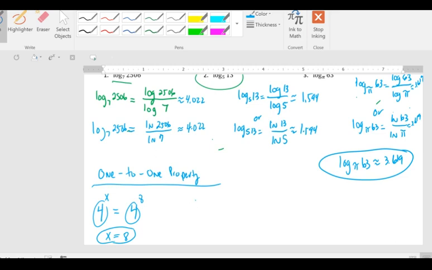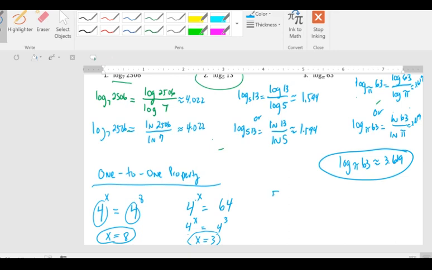Okay, so sometimes you'll have it as 4 to the x is equal to 64. Okay, so here the bases are not the same. However, the 64 can be written as 4 cubed. And now that they are the same, then you can set the exponents equal to each other.